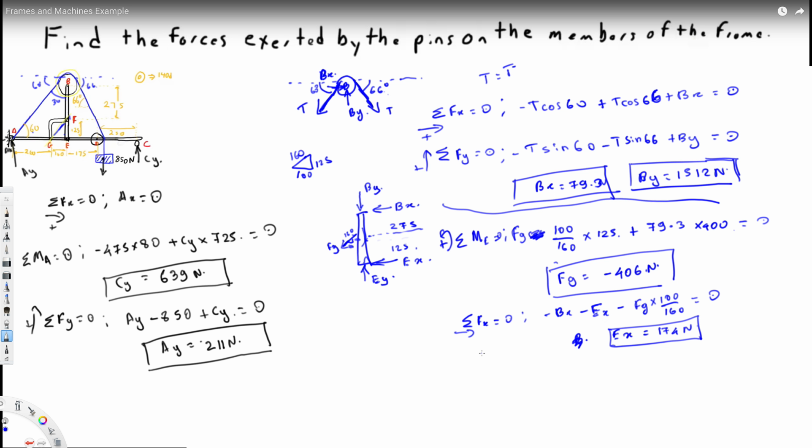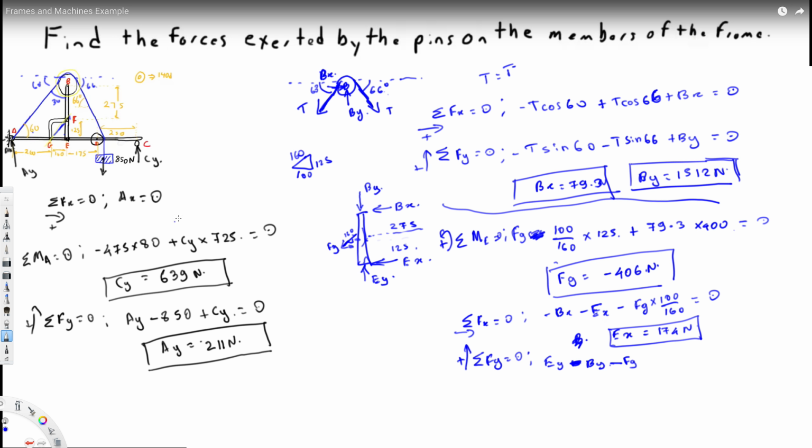Then if I take summation of fy equal to 0 in statics, taking the upper direction positive, I will get ey positive. So positive ey plus by, and fg sin theta is going to be minus because it is acting downside, minus fg sin theta.